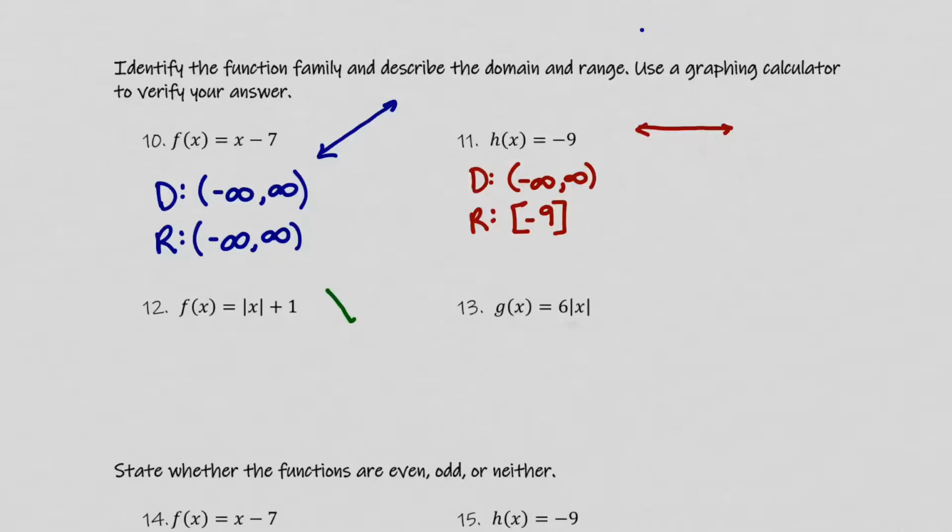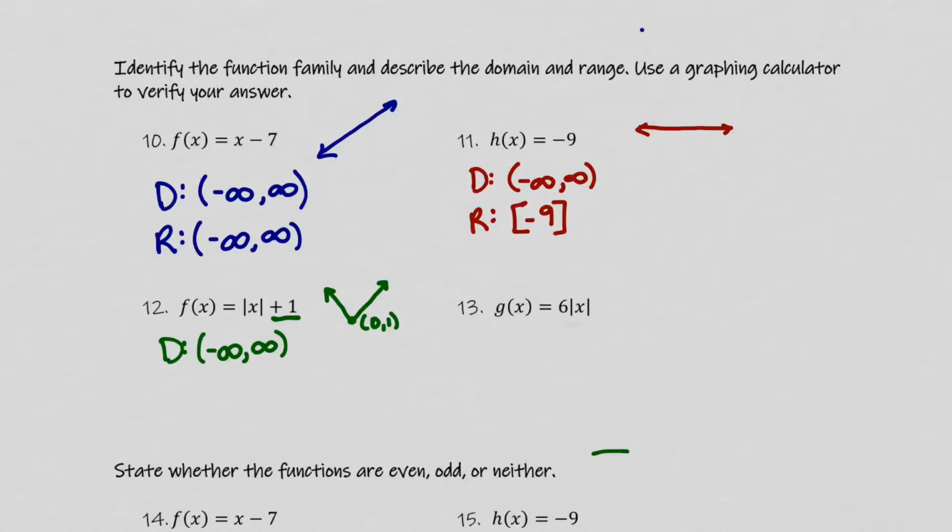All right, number 12 is an absolute value graph. And my slope is positive, so I know it's aimed up, like the parent function is aimed up. Okay, and this right here tells me it went up 1. So instead of being at 0, 0, I know this is at 0, 1, okay? So when I'm writing, it still goes left to negative infinity and right to infinity.